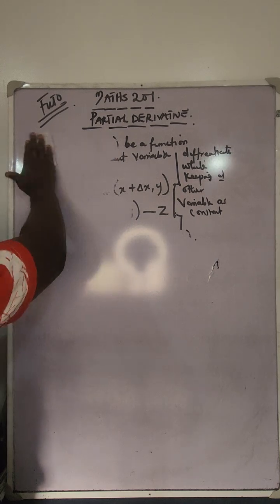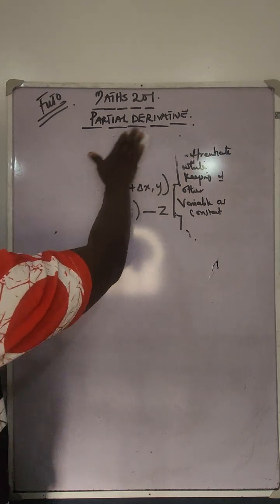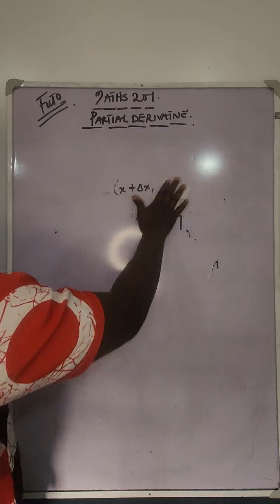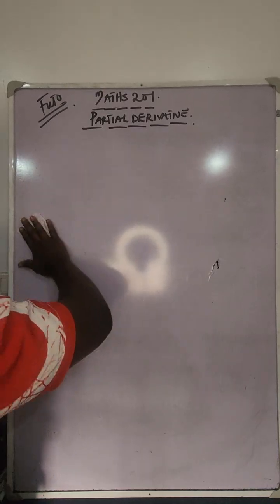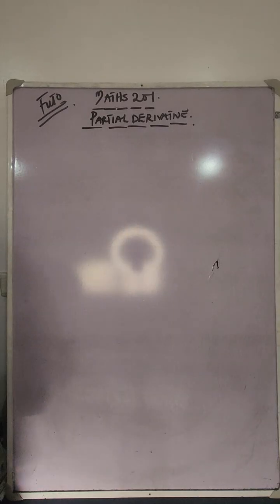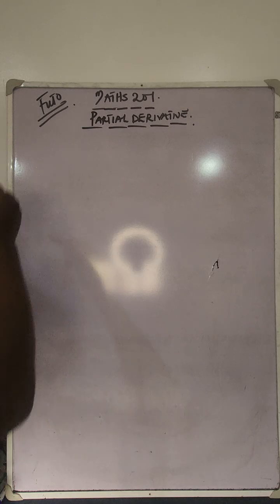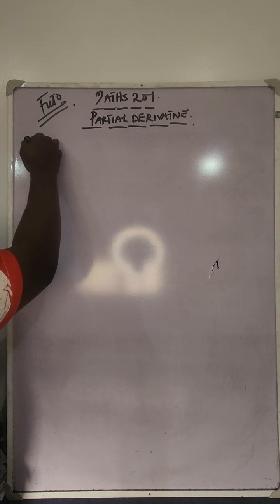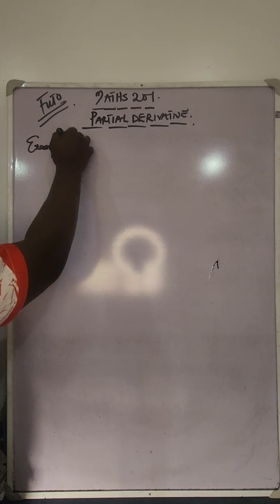Partial derivative, differentiation. Because we have a foundation in differentiation from our first level, our 100 level, it makes it very easy for us to comprehend what we are doing. So let's say example 1.